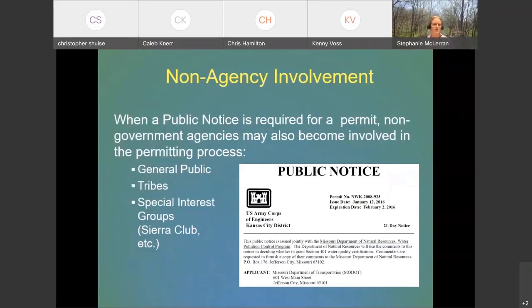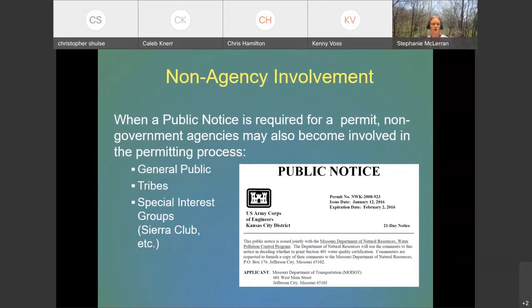And then we might even have non-agency involvement with a project. So for certain types of permits, mainly individual 404 permits, which I'll talk about, the Corps will have a public notice go out for 30 days. Sometimes it can be shortened to 21 days. But this goes out on their website, so anybody can see a proposed project and submit comments on it.